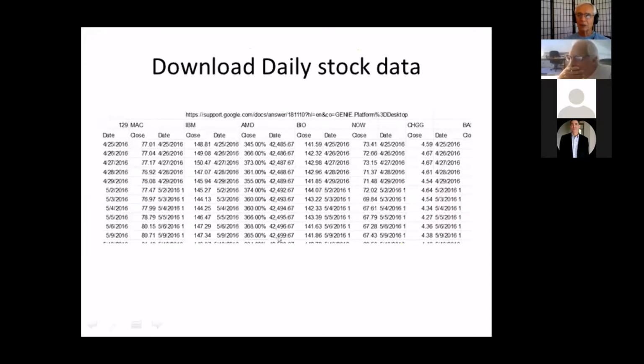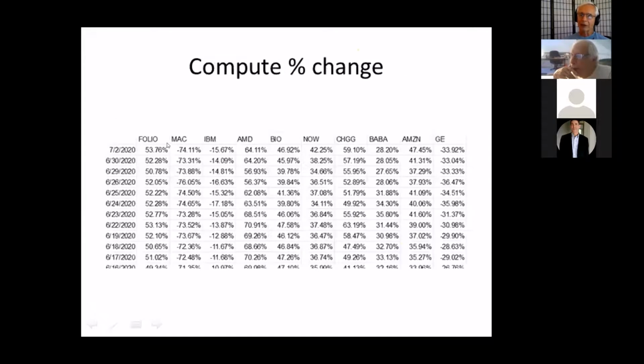So what David was showing me in his spreadsheets is he downloads the daily stock data. So you have Mac, IBM, AMD, Bio, Now, all these different stocks, and he downloads all of these stocks and dates and the prices. He's looking at only the closes, and then you basically figure out a portfolio, and you compare the portfolio against the stock.